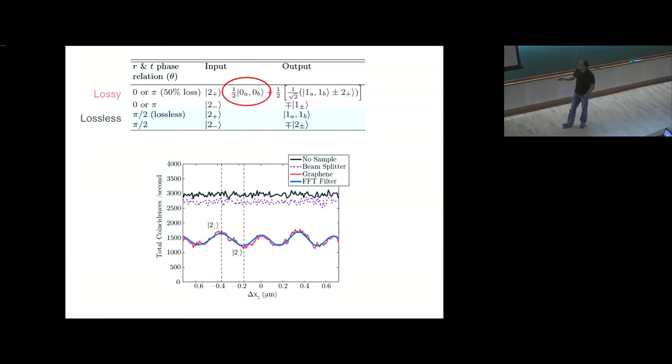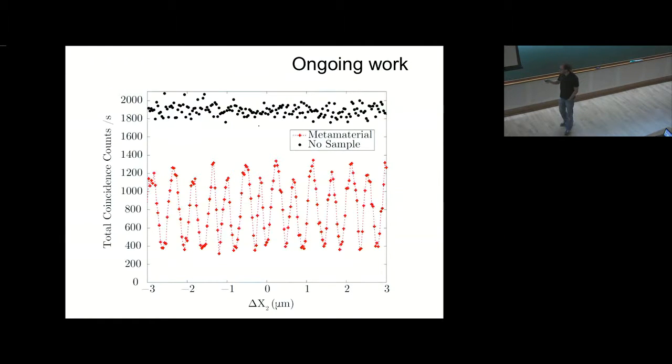But at the time, we didn't have precise enough measurements, nor was the sample good enough for us to really nail down exactly what the coefficient was in front of that 2-photon absorption. So in the meantime, we've been repeating these measurements with a properly tuned metamaterial. You can see this is the same oscillation we were looking at before, now with a much higher visibility.